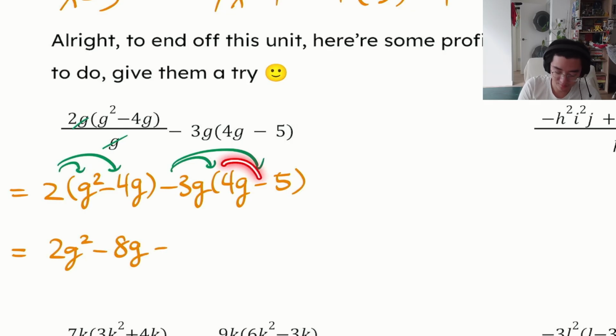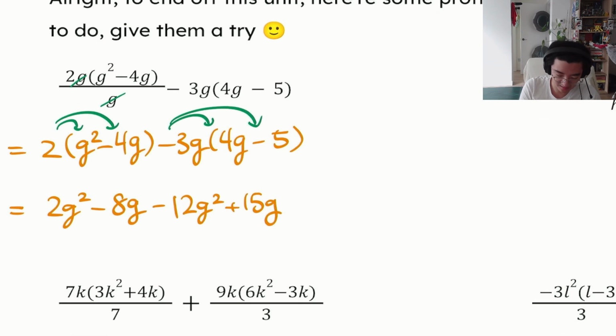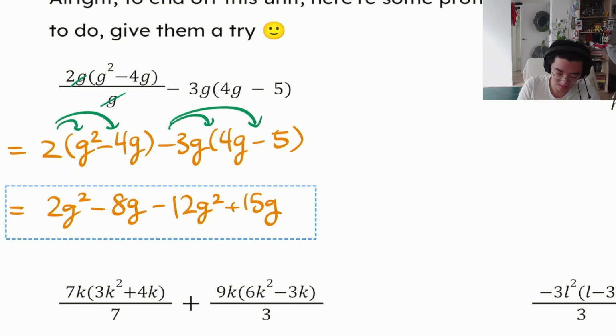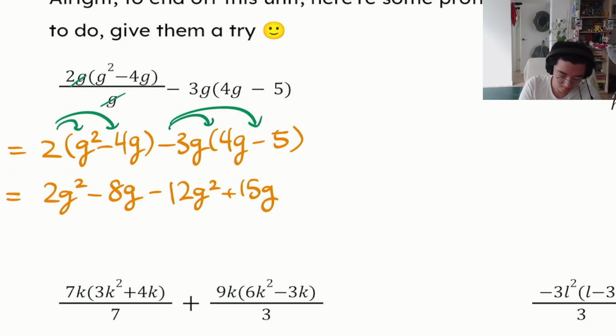Notice here, 4g times negative 3g is negative 12g squared. Negative 5 times negative 3g is plus 15g. Oh, look at that, combine like terms. It's literally got everything, that's why it's proficient. I got g squares here. So 2 minus 12, negative 10. Minus 8 plus 15, 7.